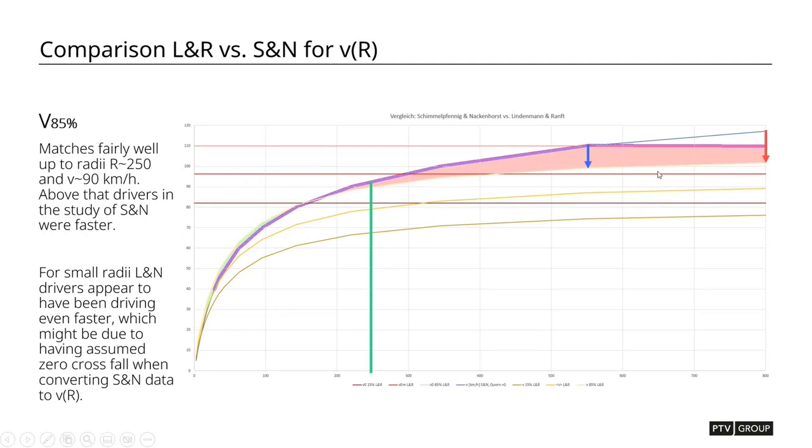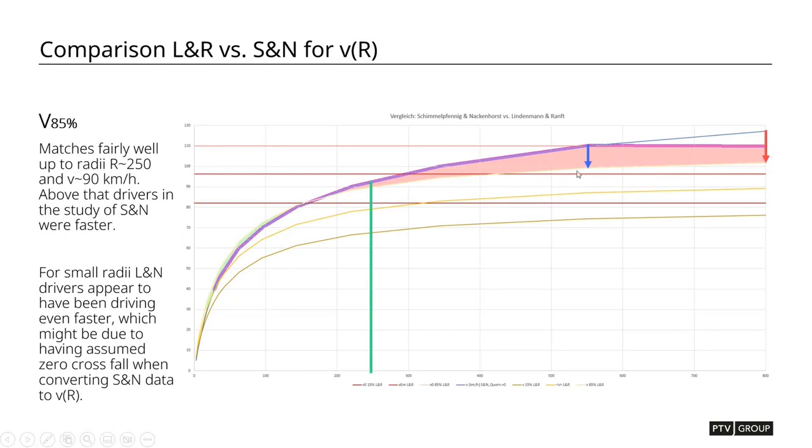And that gives this discrepancy. I mean, we have this 110, that's the value of this constant in the Lindenmann and Ranft function for the 85% drivers, which is reached by those drivers on a really straight road.